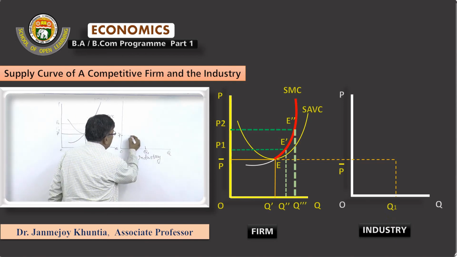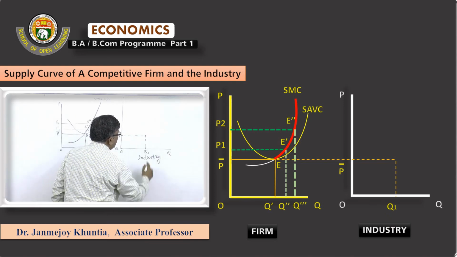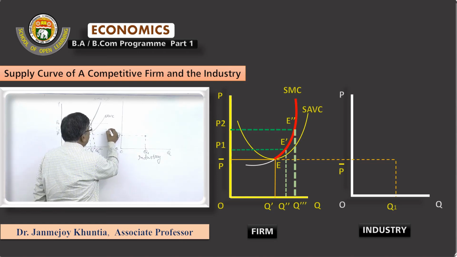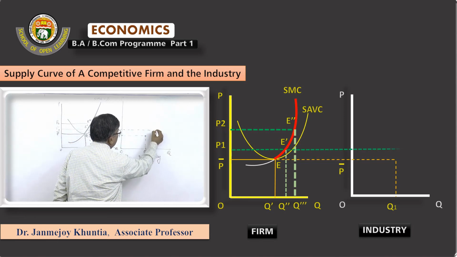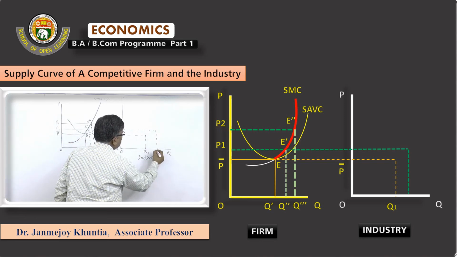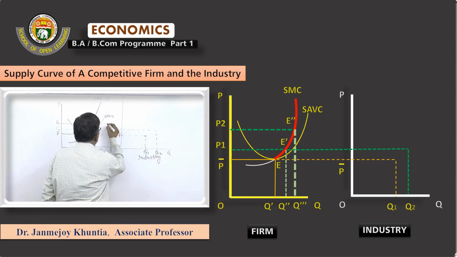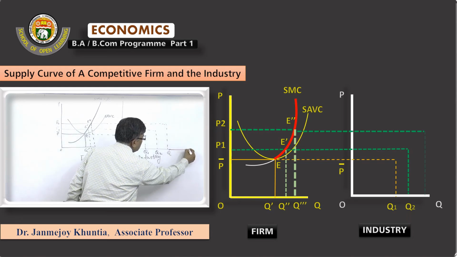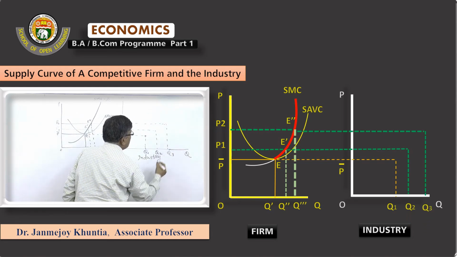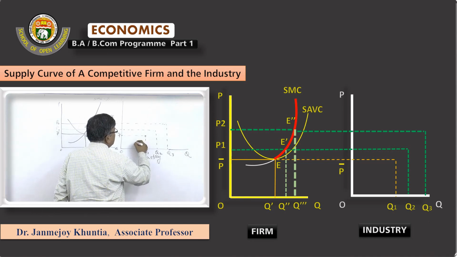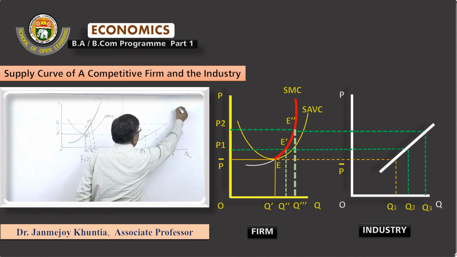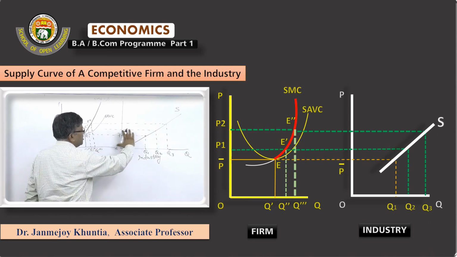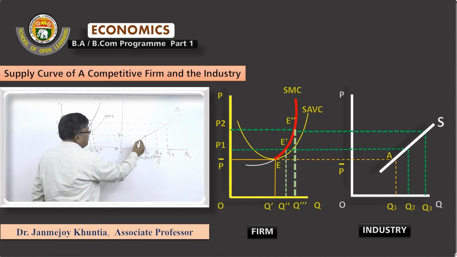So this is the starting point of the industry supply curve, and as and when the price increases, the industry supply will go up. So you can mark this way. These are horizontal summations. Join all these points to get the industry supply, which is more elastic as it is the horizontal summation of the firm supply.